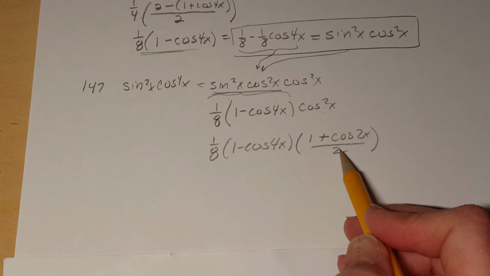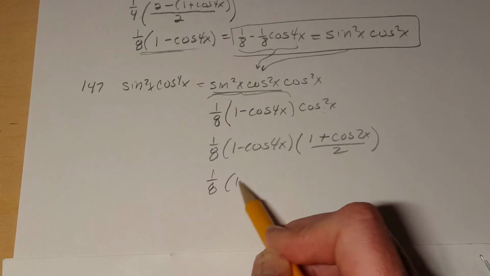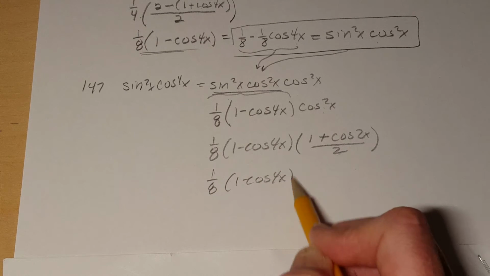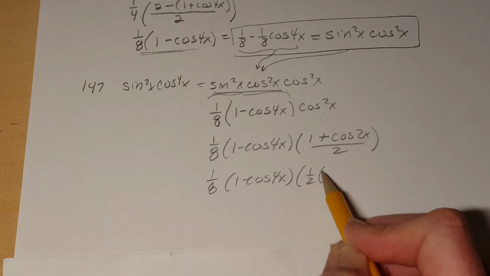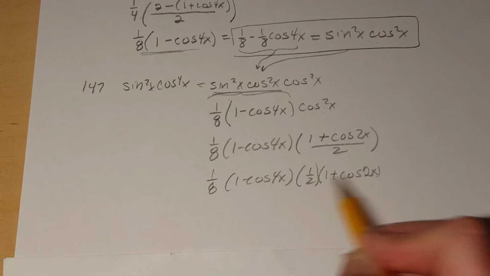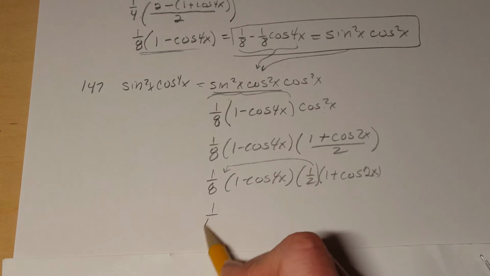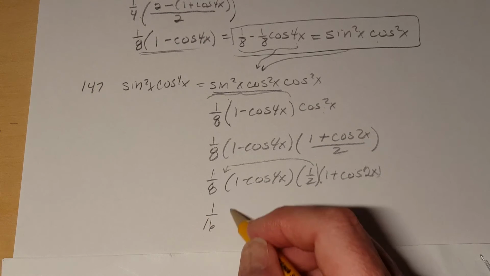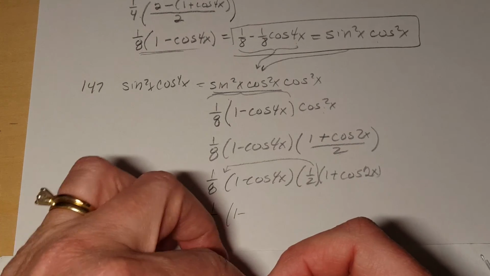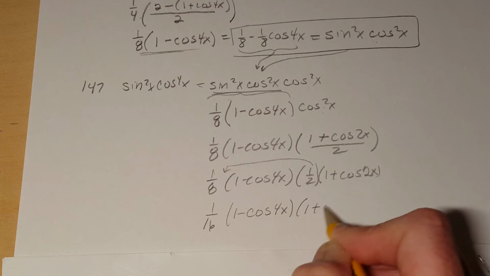Again, this is the same as 1/8 times 1 minus cosine 4x times 1/2 times 1 plus cosine 2x. That 1/2, we can multiply out the front, so we have 1/16 times 1 minus cosine 4x times 1 plus cosine 2x.